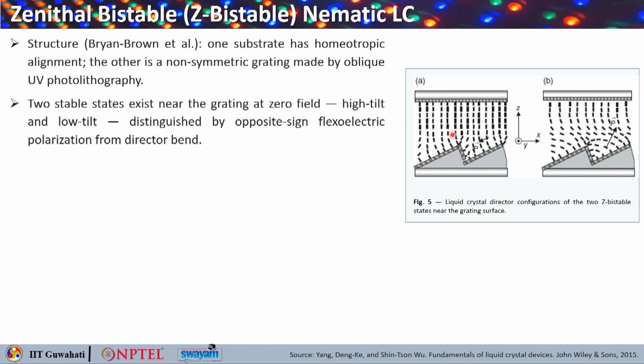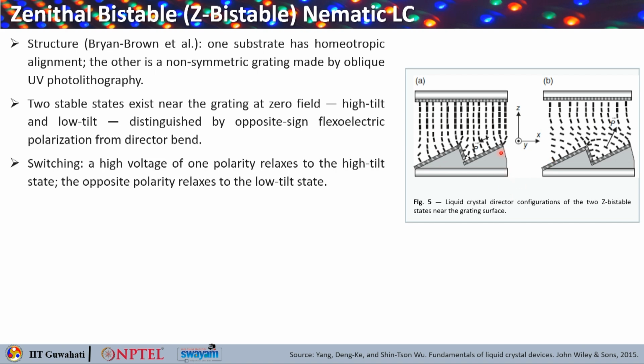So here you can see the two bistable states near the grating surface. Okay. So these two stable states exist near this grating at zero field. So one is a high tilt, another is low tilt. So these are distinguished by opposite sign ferroelectric polarization from director bend, right.